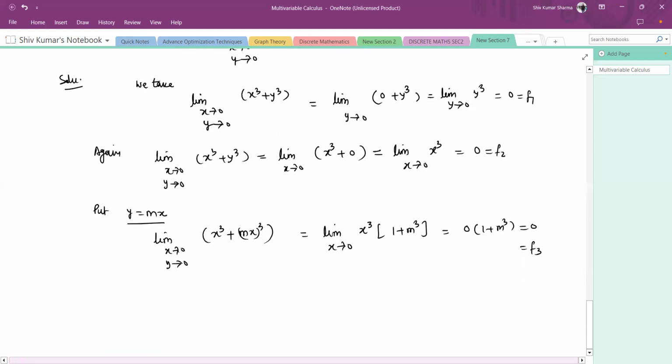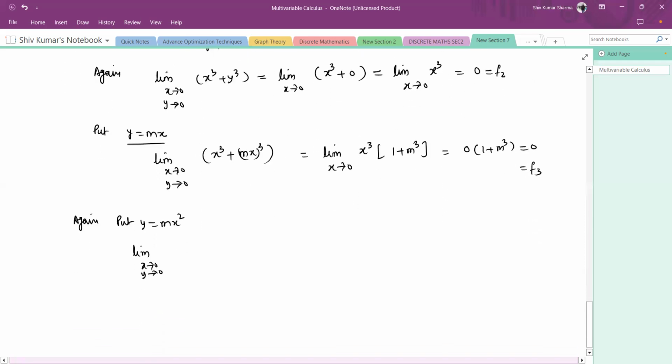Now, similarly, we put y equal to mx square. So limit x tends to 0, y tends to 0, x cube plus y cube, where y cube means mx square raised to the power 3.